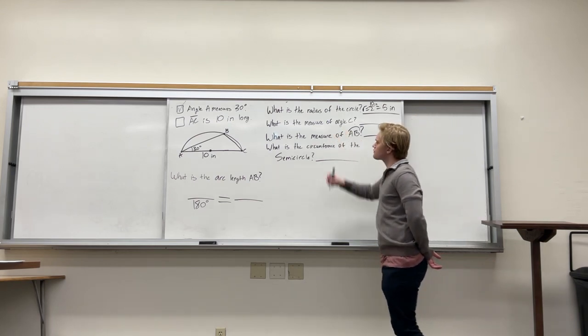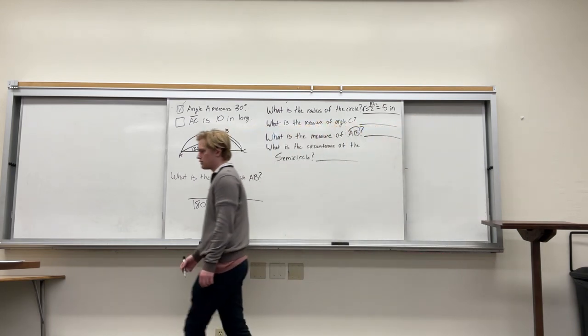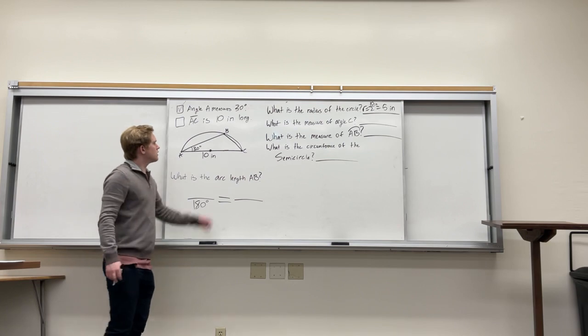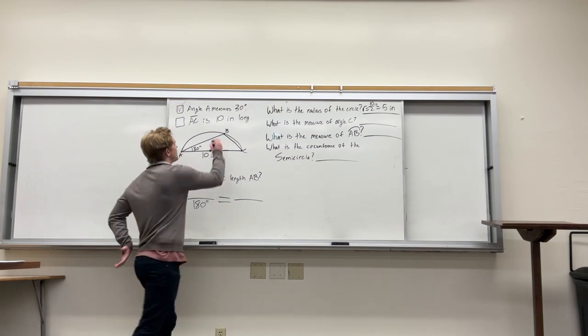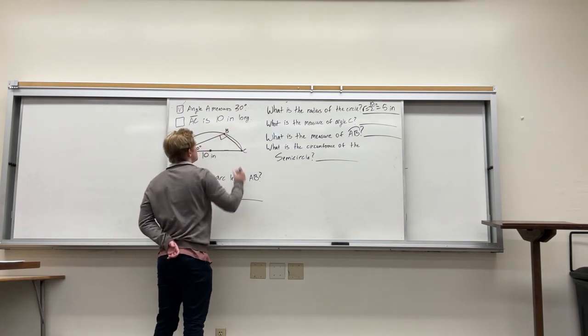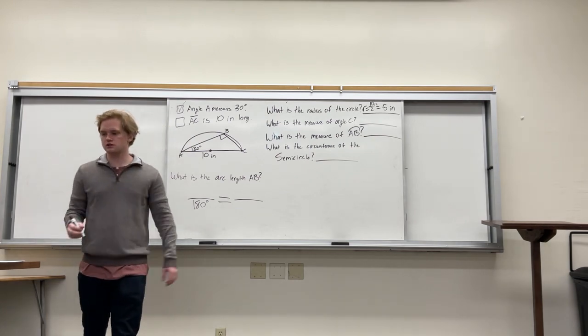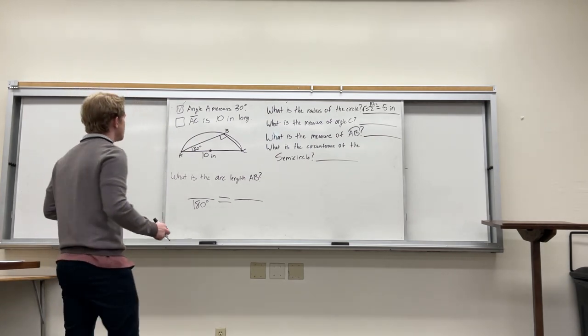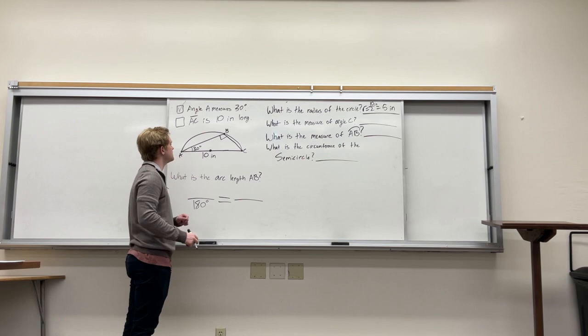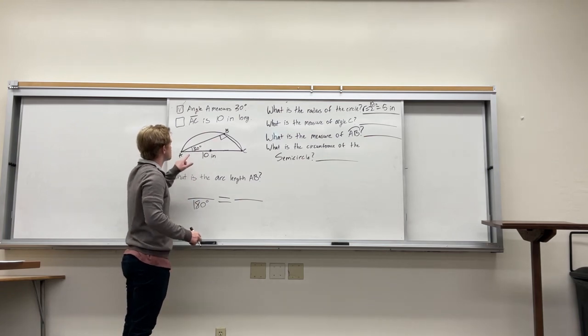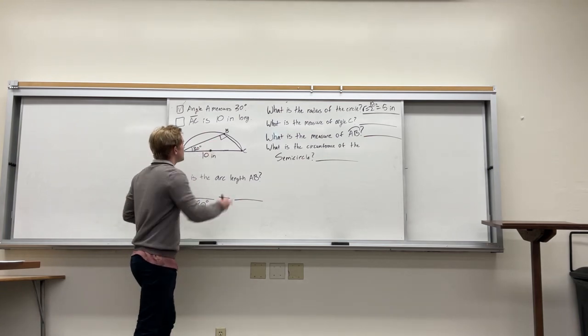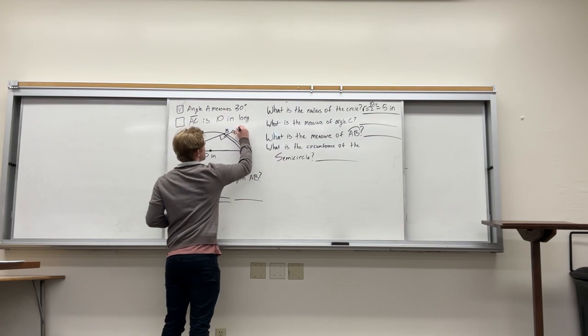What about the measure of angle C? Well, what do we know about angle B? Well, we know that angle B here is going to be a 90-degree angle. That's because we see that we have a right angle at B. So we know two of the angles. We know that 30 and a right angle is really just 90 degrees.